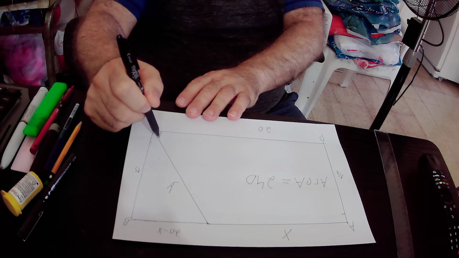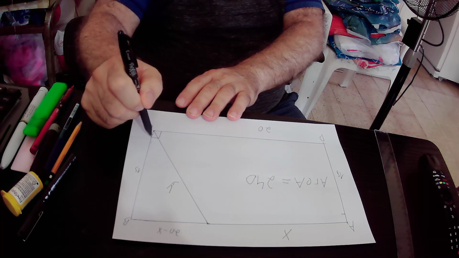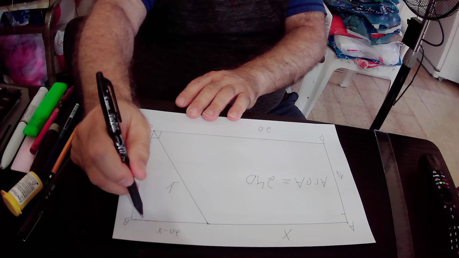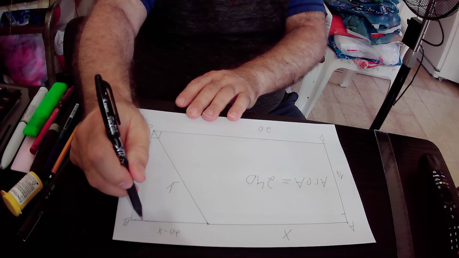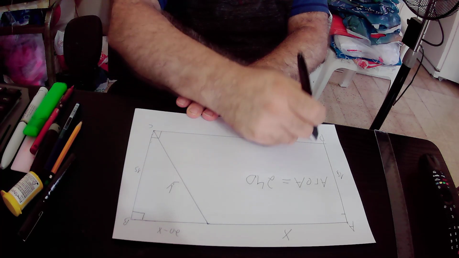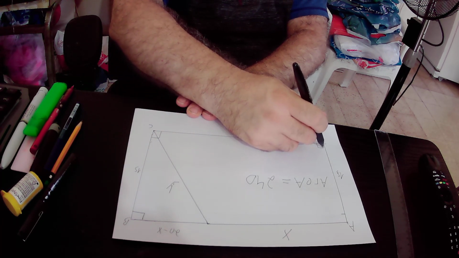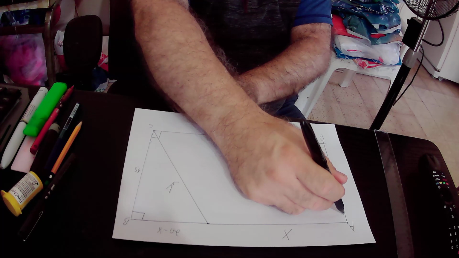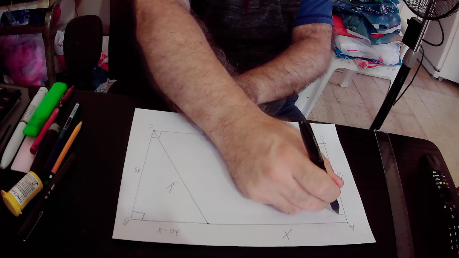So actually this angle is 90 degrees, and this angle is also 90 degrees. Okay, all the angles in a rectangle equal 90 degrees.